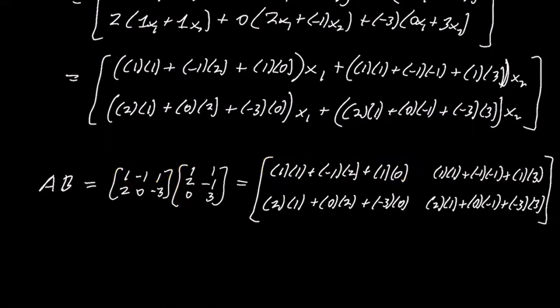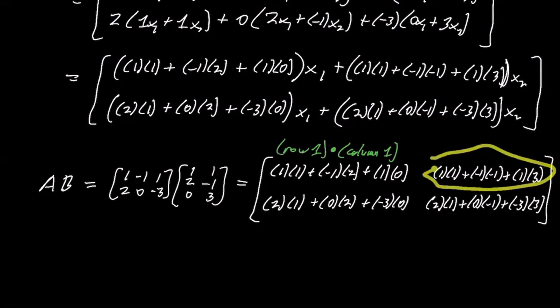So row dot column, right? Maybe we could write it this way. This right here is row 1 dotted with column 1. What about the top right entry? I see 1, negative 1, 1 dotted with 1, negative 1, 3.